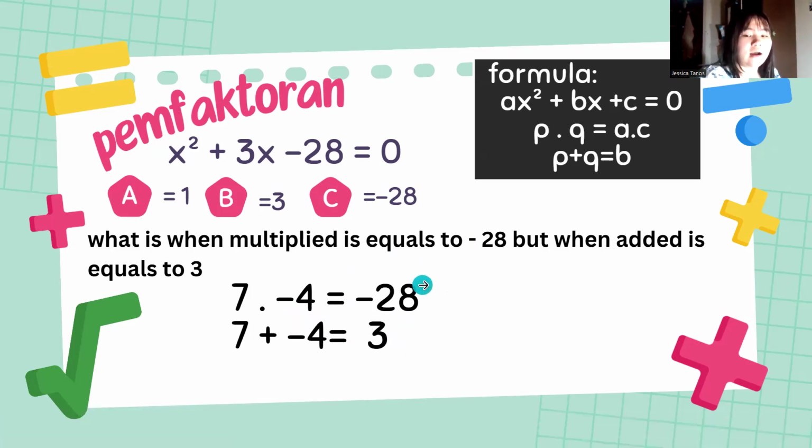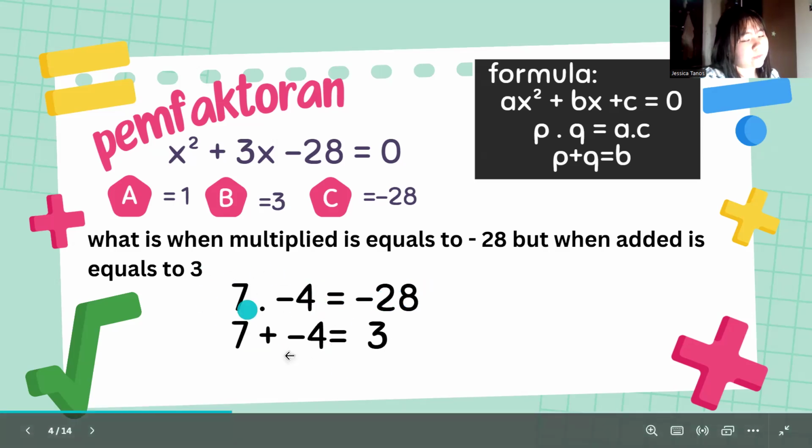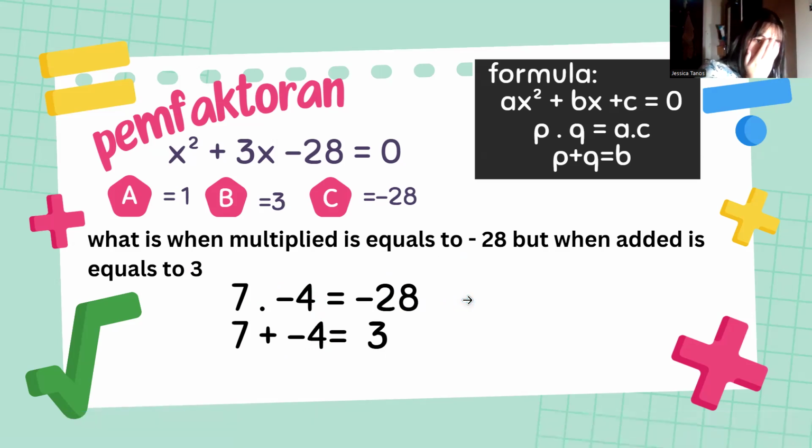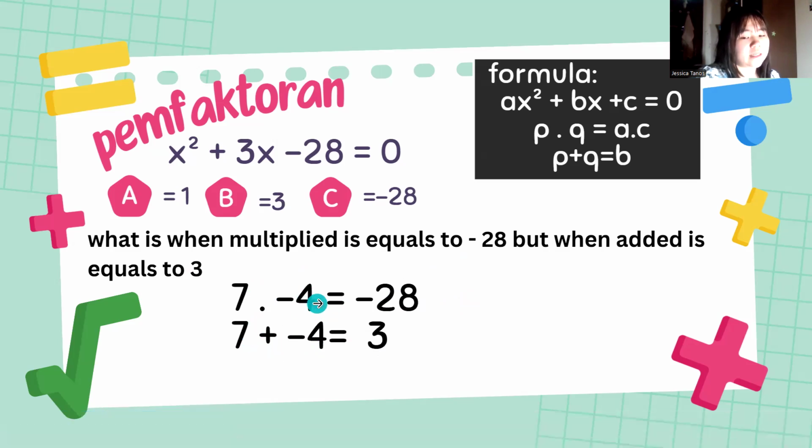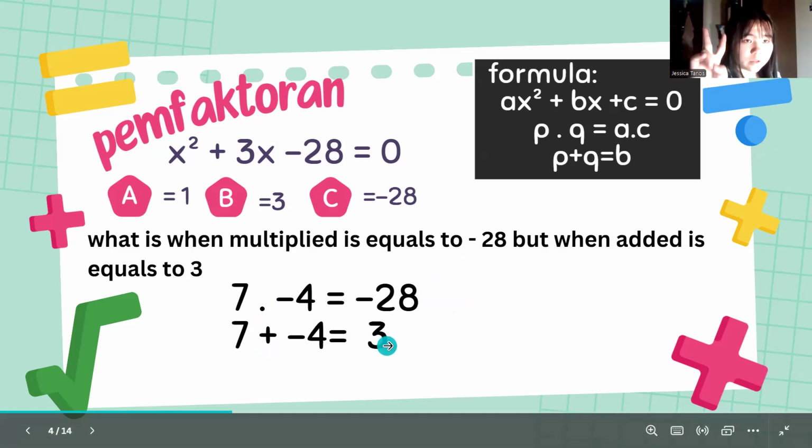Okay, so to find what the two variables would be, we need to find the multiples. The right multiples here, as I already stated, are 7 and 4. That's because we need to double check with the second value, the 3.